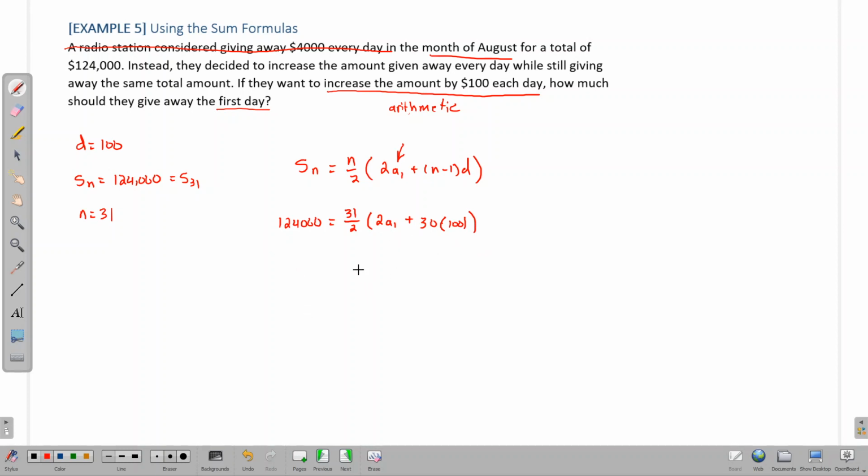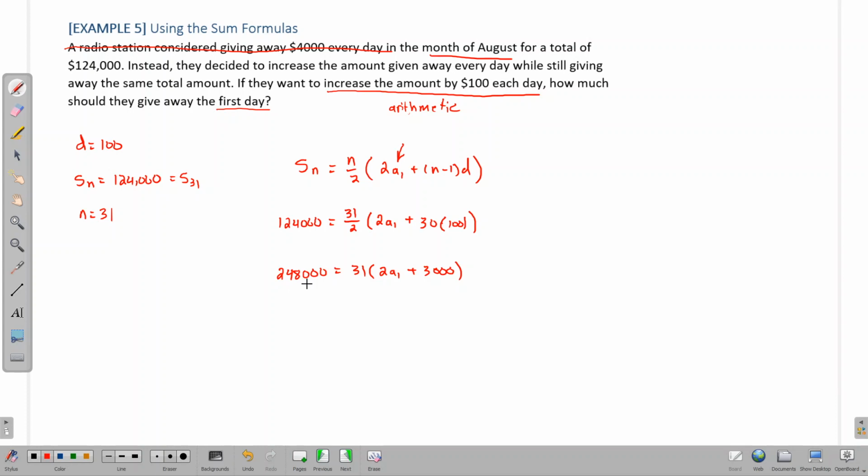Now we can just go back and solve for a1. So again, I'm going to get rid of the 2 by multiplying both sides by 2. You could distribute 1/2 if you wanted, but we've got 248,000 equals 31 times (2a1 plus 3,000), and you can go ahead and multiply this. That's just 3,000. You could distribute the 31 or you could divide it over.